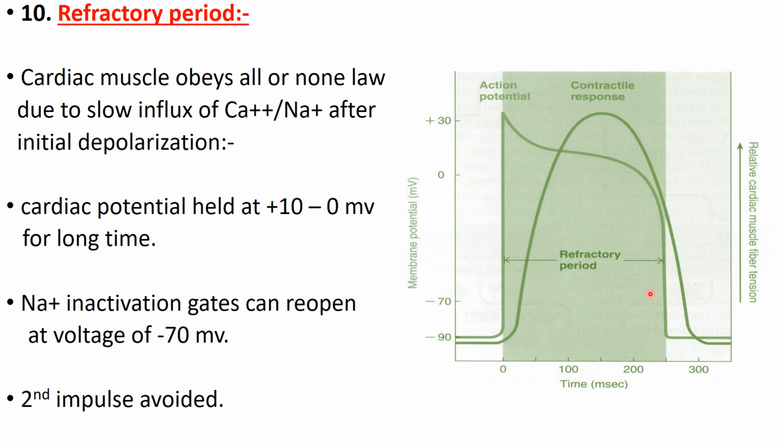So there is a long period of time in which the voltage does not reach minus 70 millivolts but is held above the 0 millivolt level, and that is the reason that the inactivation gates cannot be opened and a second impulse is avoided.